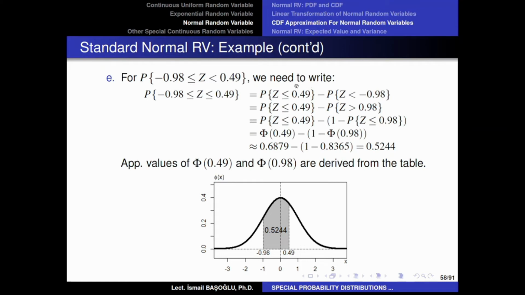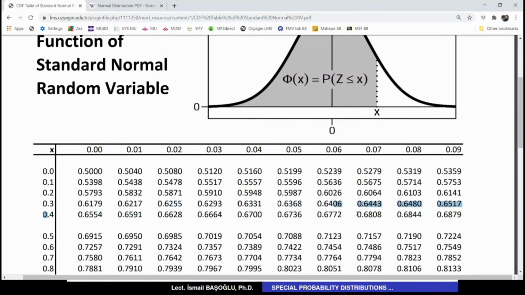So I will find this cumulative probability at 0.49, and from that I will subtract the cumulative probability up to minus 0.98, and that is going to give me the area in between. And for the first part, I can directly find the CDF at 0.49. At 0.49, it is equal to 0.6879.